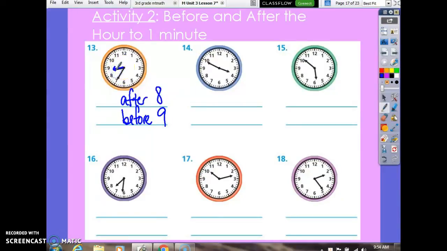Now, how many minutes after 8? Well, this is pointing right at the 7, which I know is 35. Now, we're going to solve this a different way. Instead of counting on the clock, I know that I have to end at the number 60. I have to end at the number 60 because that's the whole rotation around the clock. I already have 35, so what is 60 minus 35?